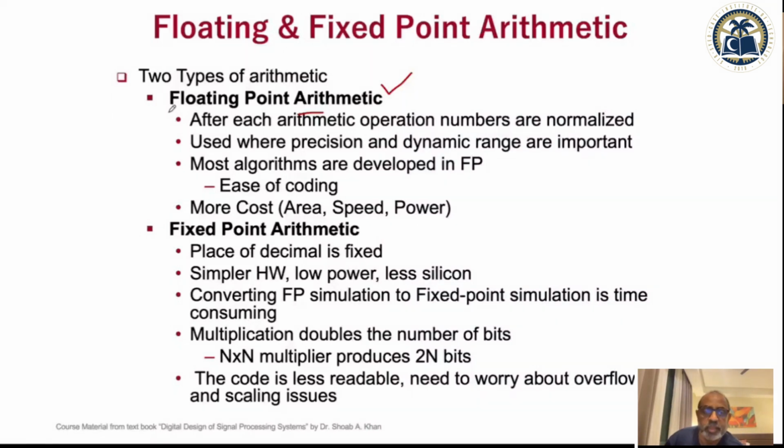Usually your computation will never go beyond those ranges. So it's ease of coding, where you focus on your algorithm, not on these issues, but it costs a lot in terms of area, speed, and power.